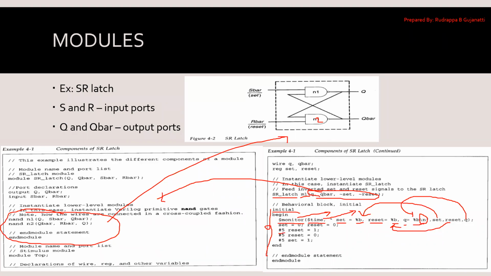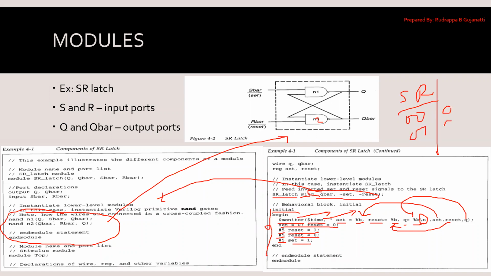Here, after every 5 units, initially you are setting both, then you are making reset equal to 1. Next 5 units, reset is 0. Next 5 units, set is equal to 1. Based on the SR logic, if it is 0, 0, Q will be 0.